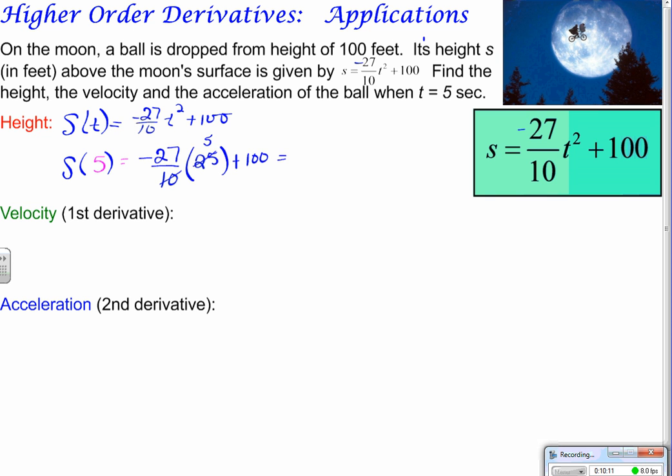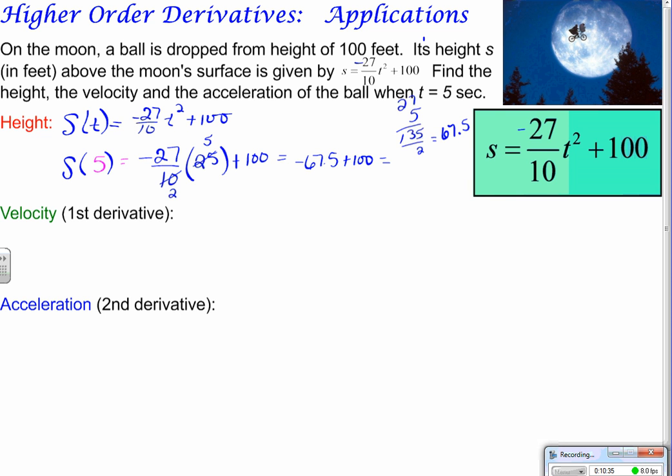5 goes into 25 5 times and into 10 twice. 5 times 27 would be 135. And then I need to divide that by 2. 135 and a half is 67.5. So I'm going to have negative 67.5 plus 100.